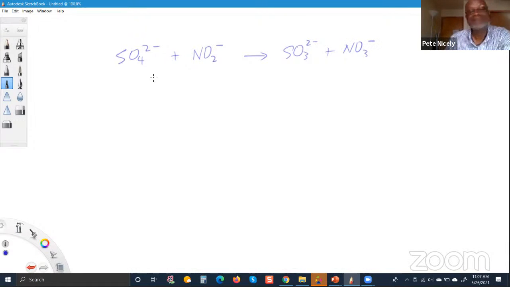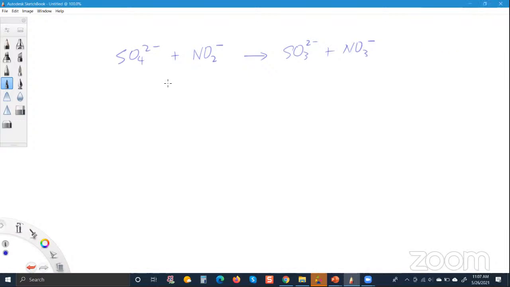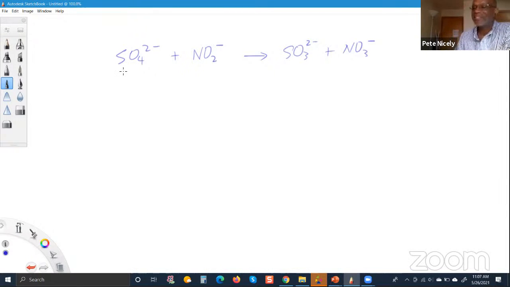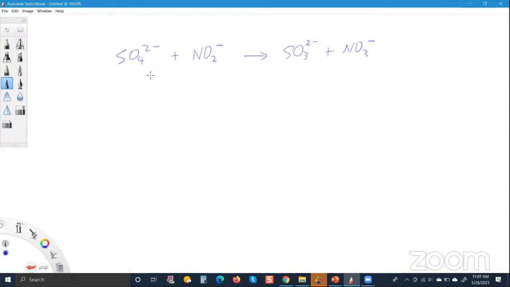Anybody? Making sure that each side is balanced. Nope, that's not the first step. Before you get to that part, you need to do something. Split them into the half equation.